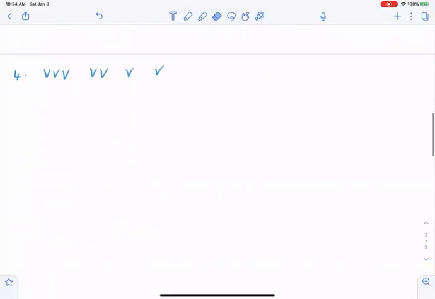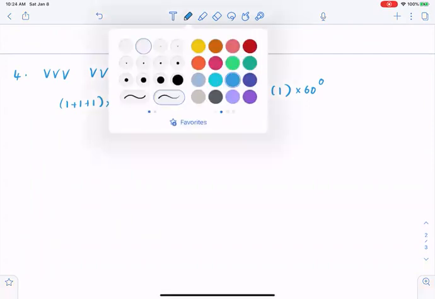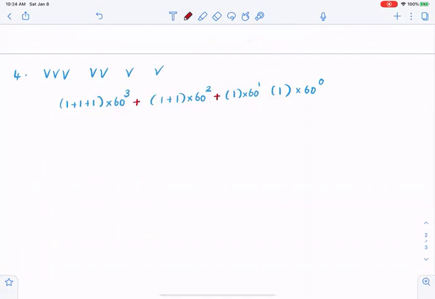So we have 4 terms, and they're all ones. So 1 plus 1 plus 1, 1 plus 1, 1 and 1. We multiply by 60 raised 0, 60 raised 1, 60 raised 2, 60 raised 3. 3 spaces would mean 3 sums.